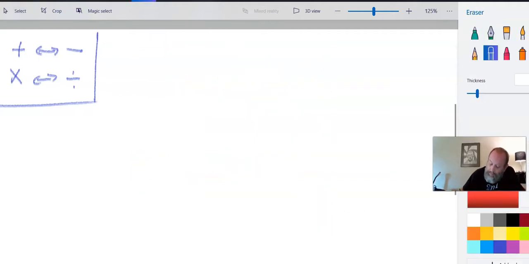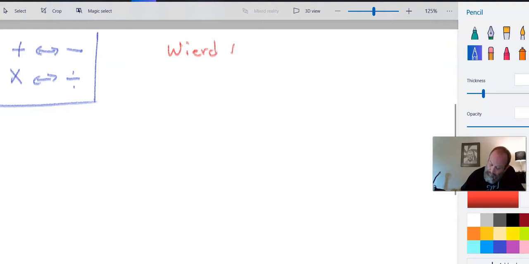Now, the other thing I want to talk about is more of a what-if kind of thing. There are certain times in equations that you get really weird answers, or weird things happen.